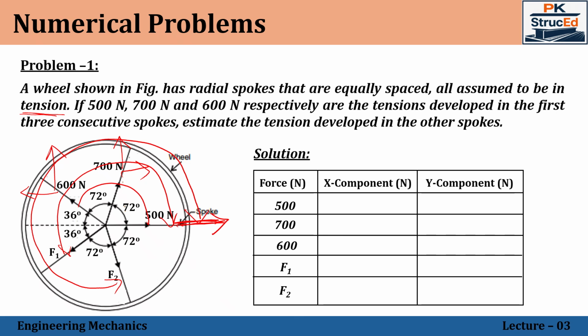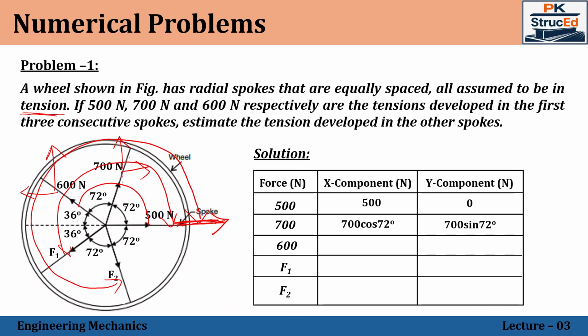The x component will be 500 cos 0, which means 500 itself. The y component of the 500 Newton force will be 500 sin 0, which will become 0. Next, going with the 700 Newton force, which makes an angle of 72 degree with the benchmark axis, it will be 700 cos 72 as the x component and 700 sin 72 as the y component.